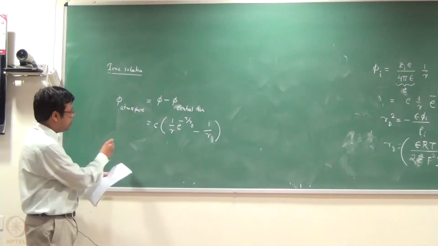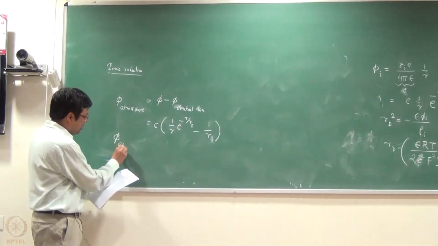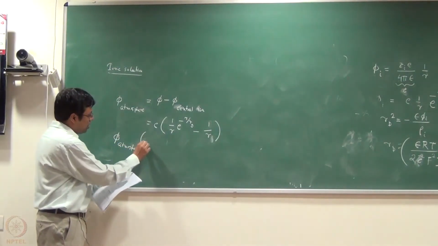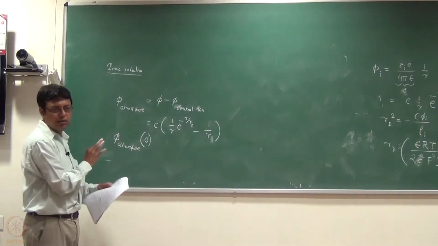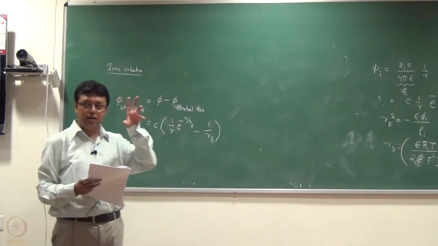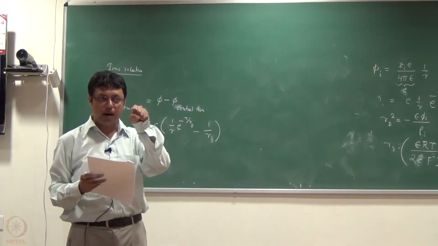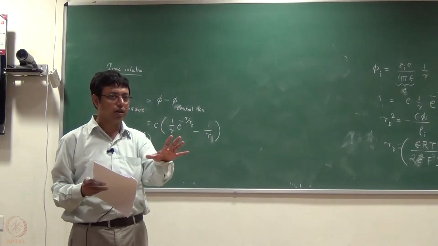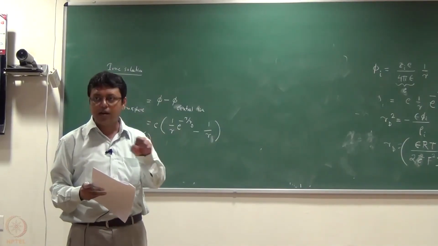Which means I want to calculate this phi atmosphere at the zero location, because potential is varying. And again, in our picture in mind, I had a central ion surrounding it. Again, this central ion is very arbitrary. I can choose a cation, I can choose an anion, whatever.